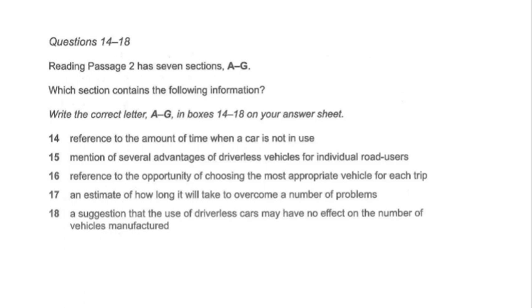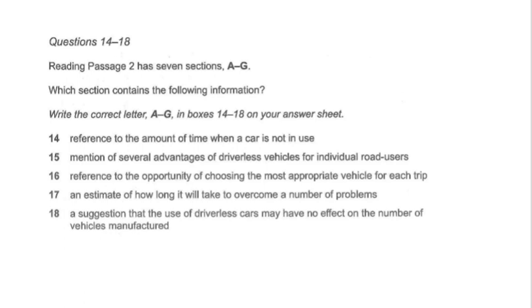Mention of means the paragraph says something about this. Several advantages, you need to search for synonyms like benefits or pros or merits. So there is a mention of several advantages. That is, here they are not just talking about one benefit, but they are referring to more than one. So for individual road users, what are the benefits?